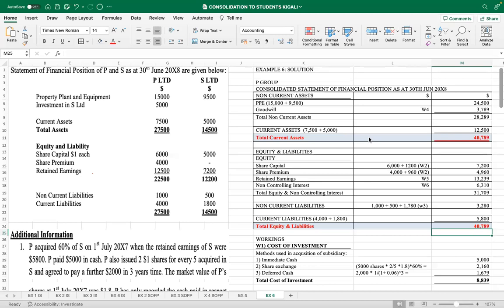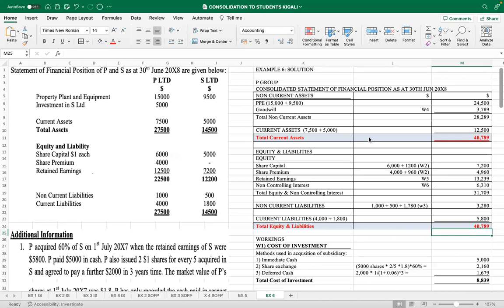Now, how do we calculate the cost of investment, which is also known as purchase consideration? There are 3 methods. Number 1, cash, which is divided into immediate cash and deferred cash. Number 2, share exchange. And number 3, loans.